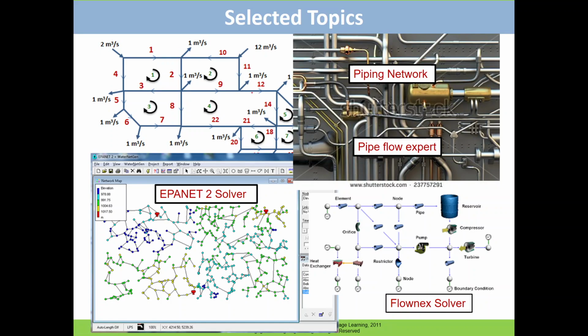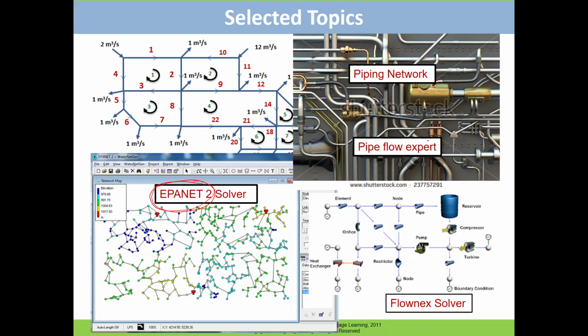The piping network problem can be solved by handwork, on paper, and through some software. Some of the software are EPANET, which is one of the freely available downloadable codes, and it's very easy and simple to learn.